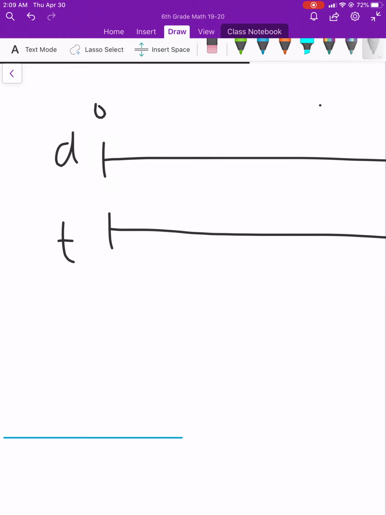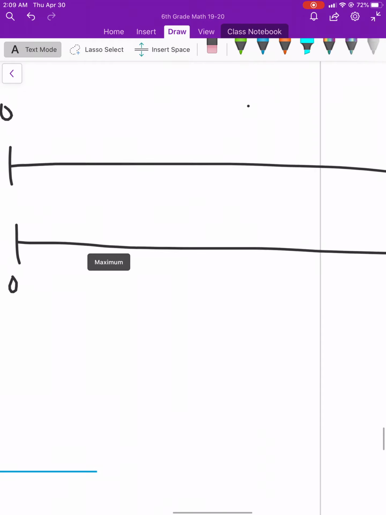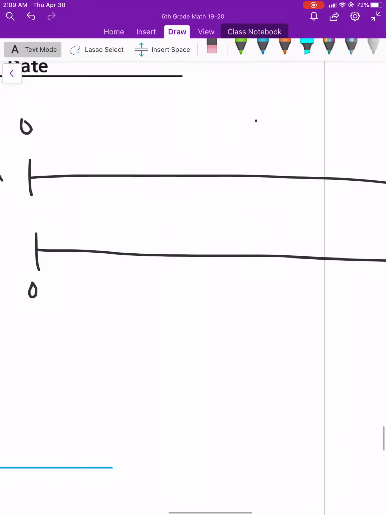So at 0 distance and 0 seconds, right? Well, we can just leave it like that. So here's 1 second, 2 seconds, 3 seconds, right? Up here, let's do this in blue.